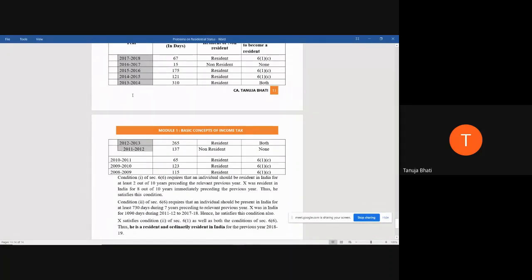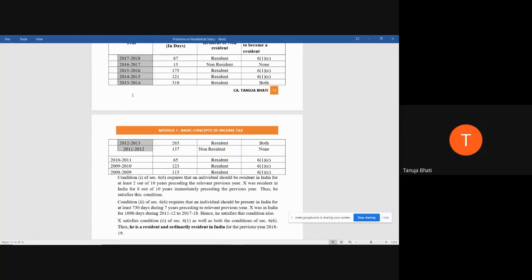Now whether in these years his stay is 730 days or more. So you have to add the number of days of stay in India. 67 plus 15 plus 175 plus 121 plus 310 plus 265 plus 137. So his stay in India in the last 7 years is 1090 days, which is more than 730 days. Therefore, he is satisfying the second additional condition also.